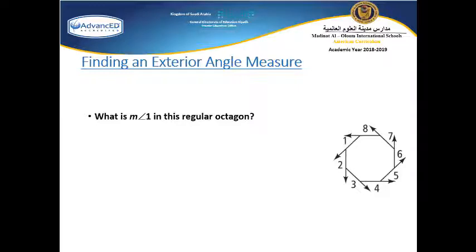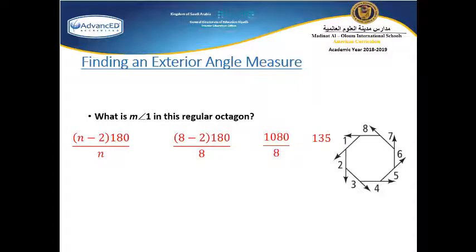Before finding the measure of the exterior angle, angle 1, let's find the interior angle, that means the interior angle of the regular polygon. As we said, we apply our formula n minus 2 times 180 over n, then 8 minus 2 times 180 over 8, then 6 times 180 is 1080 over 8.